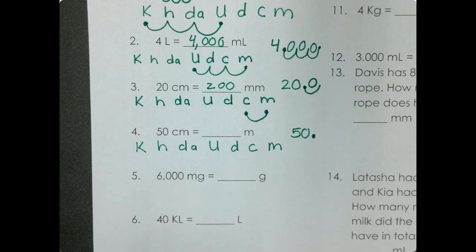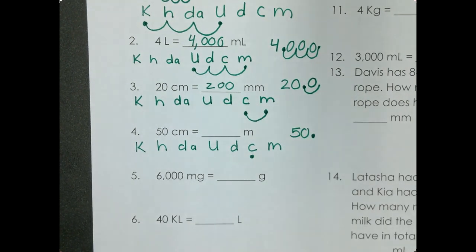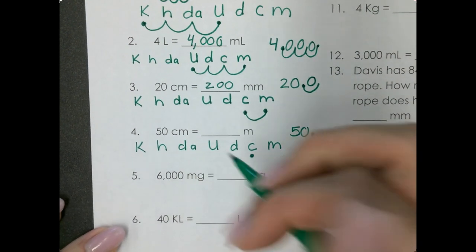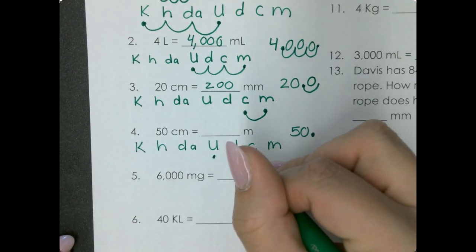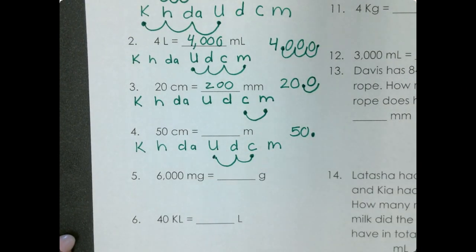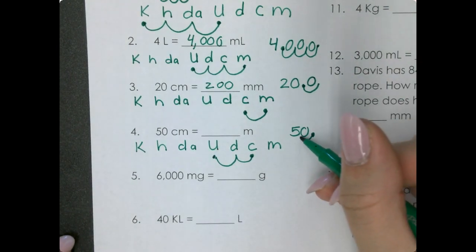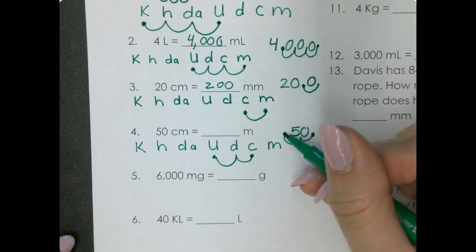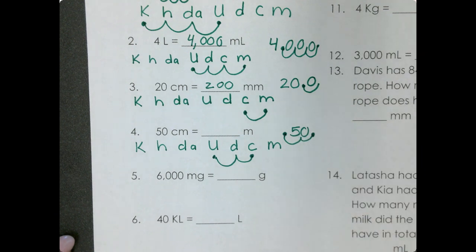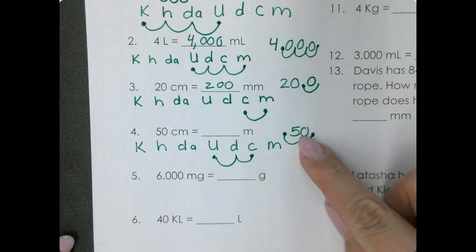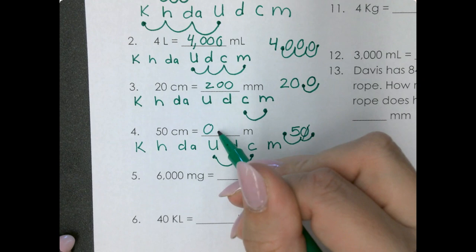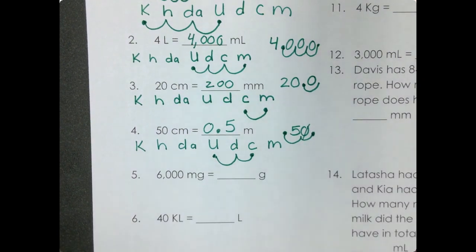We're starting at the centimeters, C. Now we have one that just has an M. Where does that go? What letter? U, yep. Okay, so we're going 1, 2. We're going to the left now. So we're moving the decimal to the left. 1, 2. Uh-oh, we just went from $50 to 50 cents. Do we need to have this 0 here? We can put 0, decimal, 5.